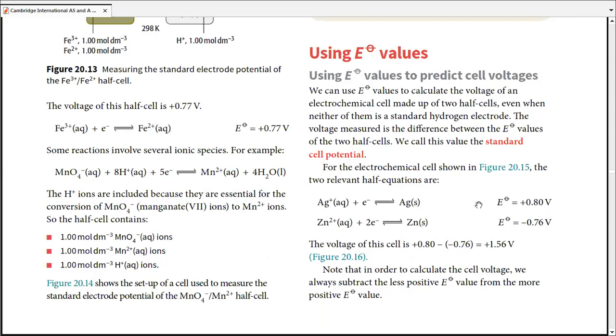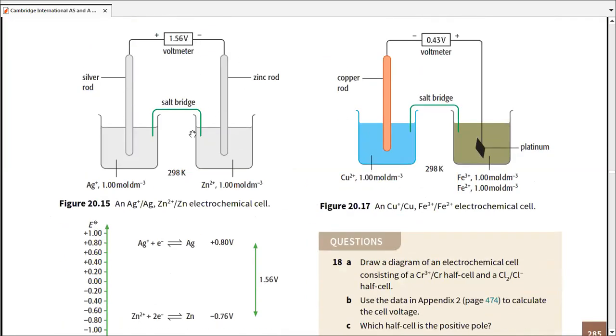So these two values are combined in such a way that the more positive value is written first, then comes the minus sign, then the less positive or negative value, and we get the mathematical total to be 1.56 volts. This is the theoretical working way. And this can actually be confirmed from the voltmeter in the experimental form as well, which also says 1.56 volts. Do we get the idea?